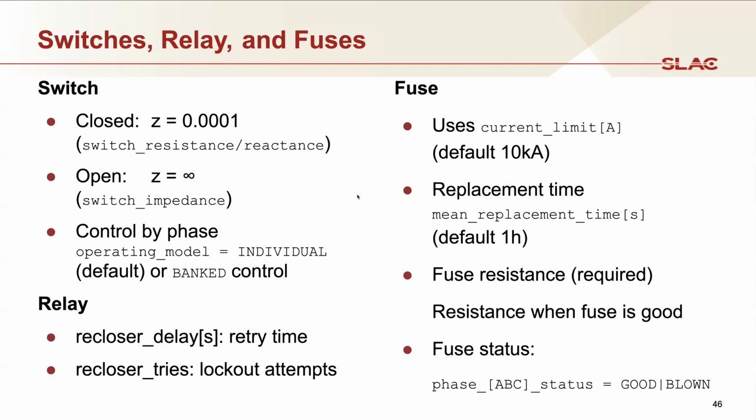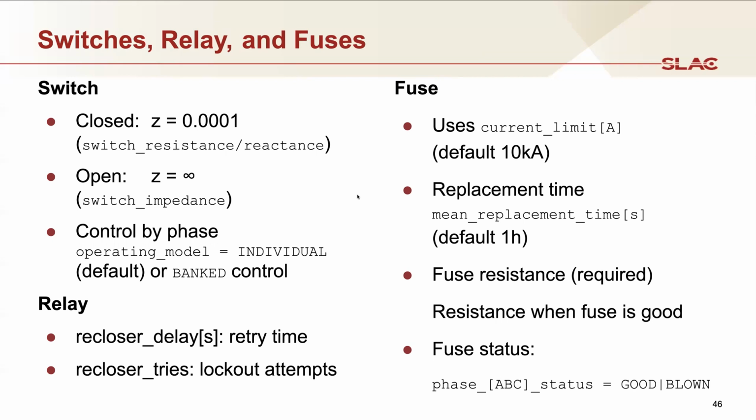Most of these are controlled by phase. Switches in particular can be controlled individually, or they can be banked so that controlling one phase controls all the phases. But I believe the default is that they're individually controlled. And so you can have a switch that turns on and off each of the phases separately on each of the lines.